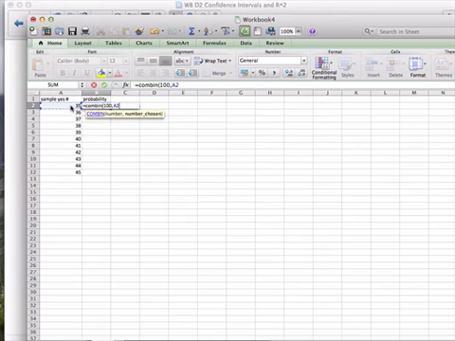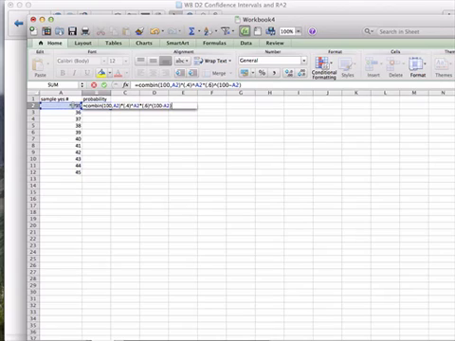Then close parentheses, and multiply that by 0.4 to the 35th power, times 0.6 to the 65th, that is 100 minus this.